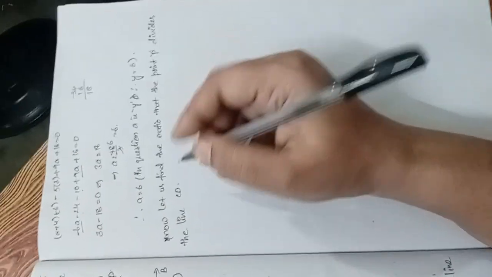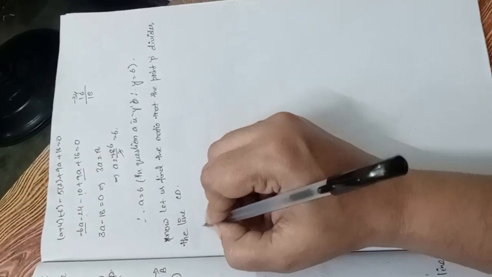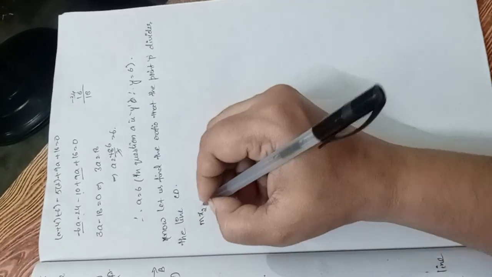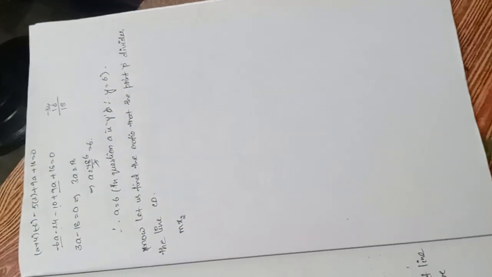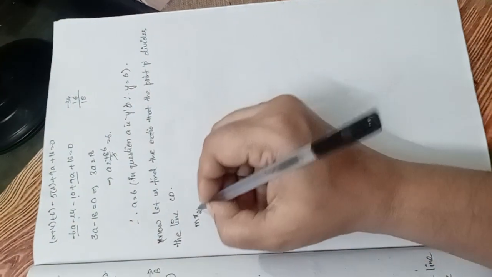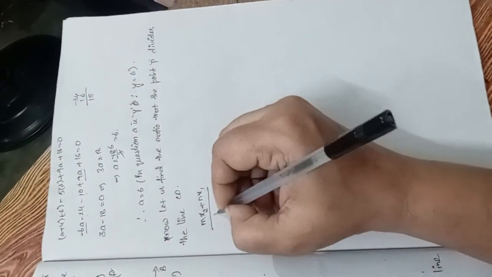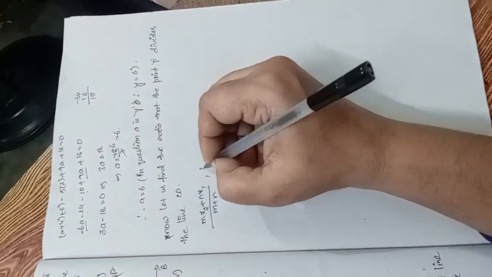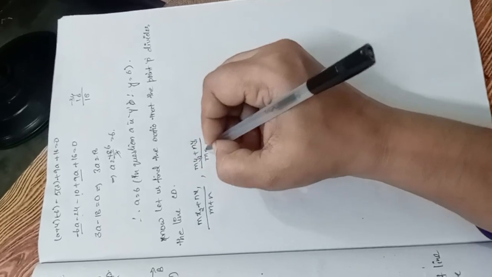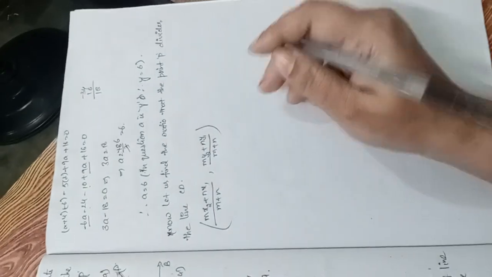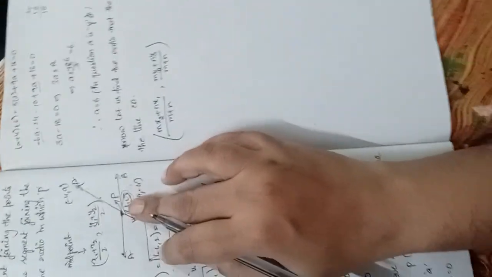So what is the formula? (mx2 plus nx1) by (m plus n) comma (my2 plus ny1) by (m plus n). See here, if you see the figure, you can say it is on the line.